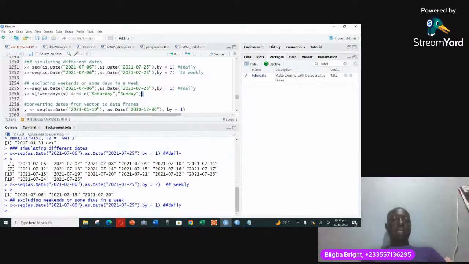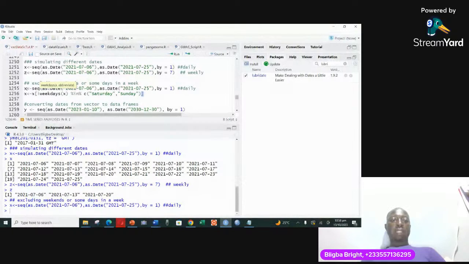So what are you saying? You are saying that weekdays of x, but when you put exclamation mark against anything, it means negative. So here you are saying that not weekdays of the vector x, of this vector x you have already created, which is a member, which is found.